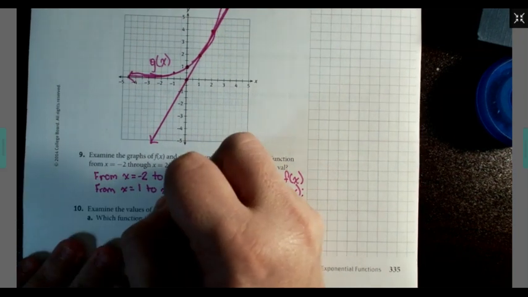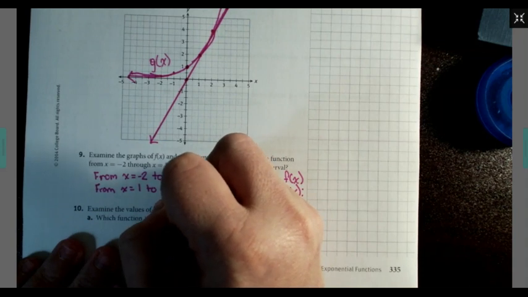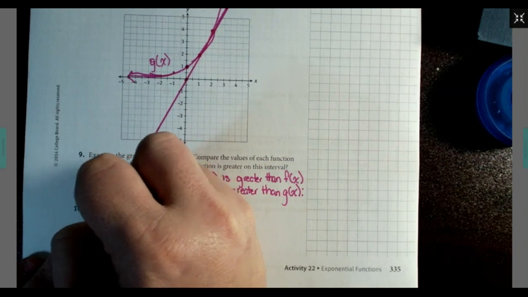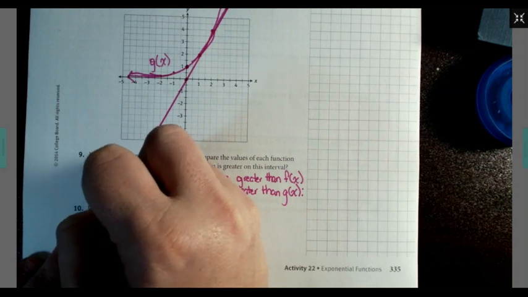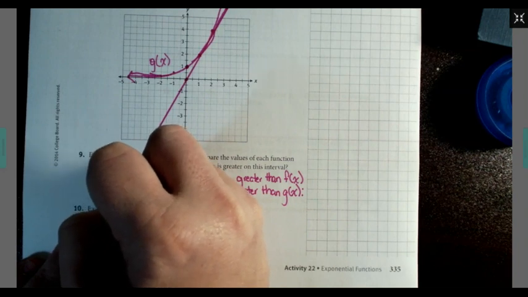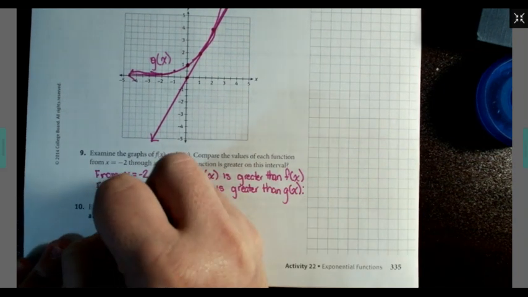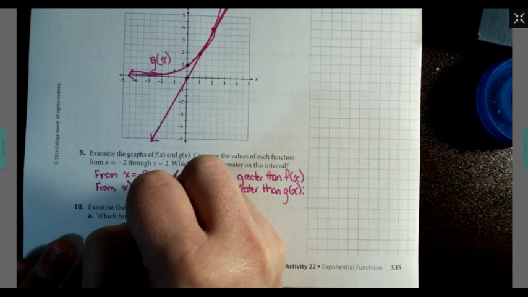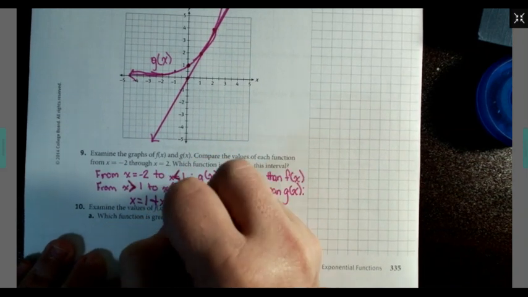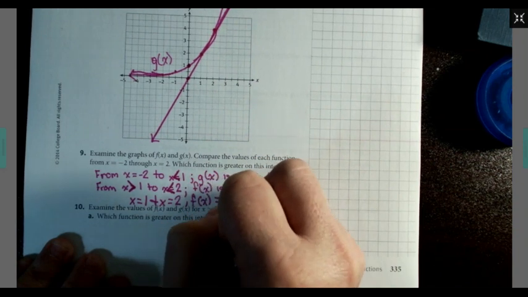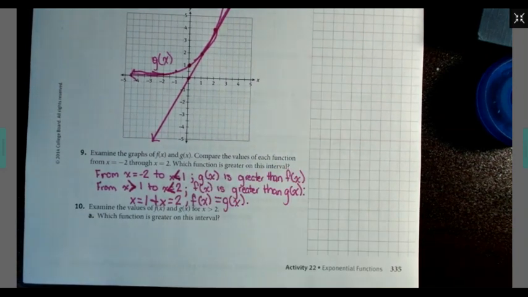Oh, and this should actually say greater than 1, less than 2. At x equals 1 and x equals 2, f of x is equal to g of x. They are the same value at those 2 points.